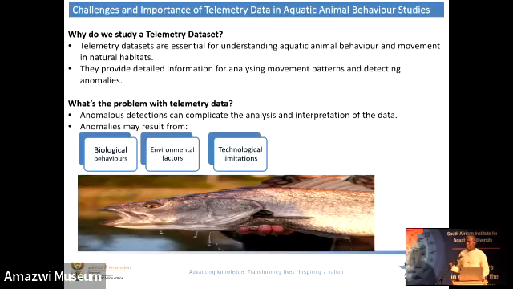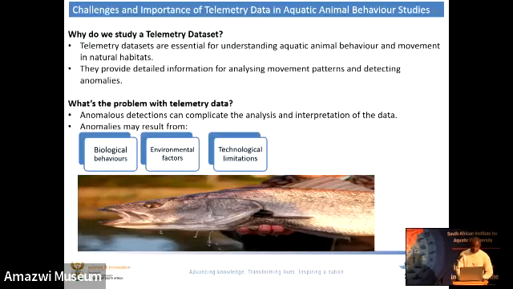Telemetry has been used worldwide for studying the movement of aquatic life, and it allows us to gain information on the movement of the fish at different levels, from large scale nationwide migration to fine scale migration.